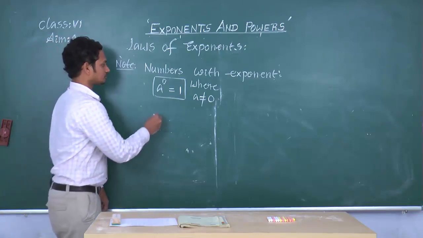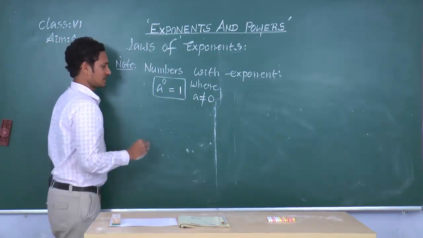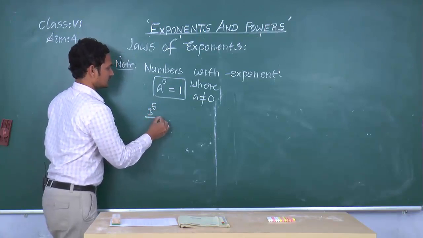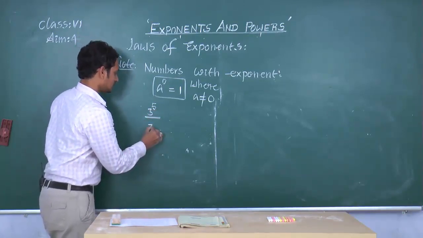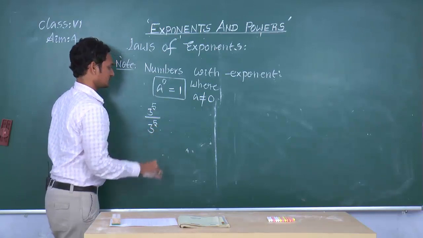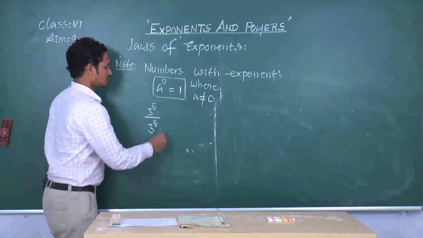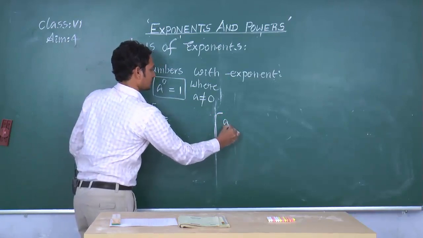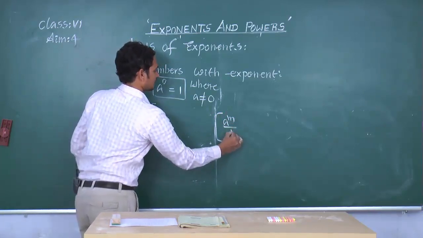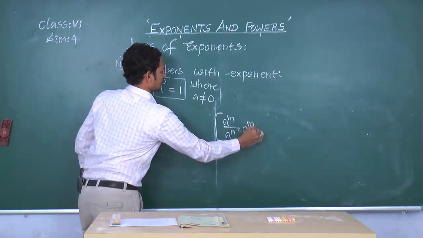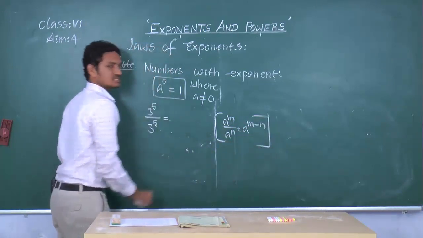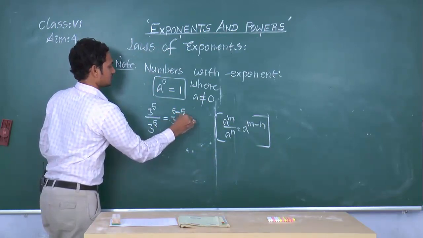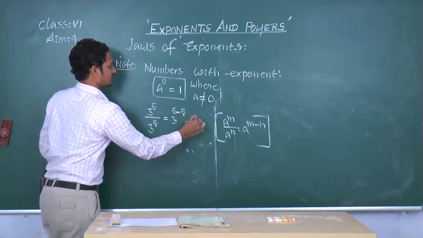Here I am taking one example: 3 power 5 by 3 power 5. By using one of the laws, a power m by a power n equals a power m minus n, we can write it as 3 power 5 minus 5, nothing but 3 power 0.